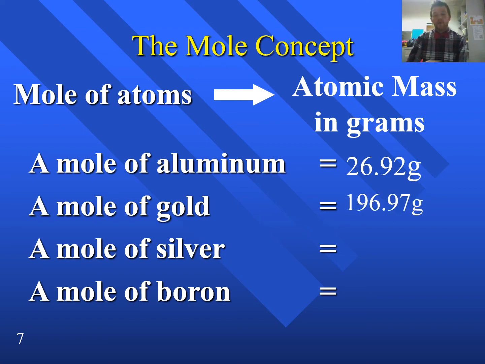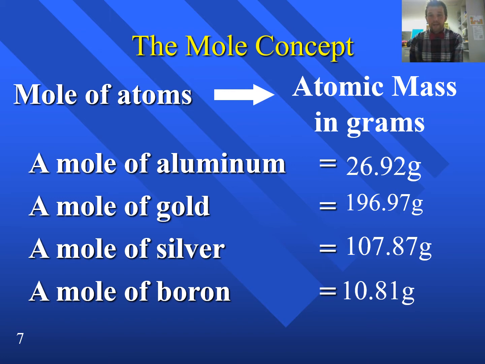If it's gold, since gold weighs more, each atom weighs more, it's going to be 196.97, 107.87 for the mole of silver, and boron's a lighter atom, so it's going to weigh way less, sorry. Those are all just from the periodic table. I looked at the periodic table, saw the bottom number, and then I knew that's what they were.